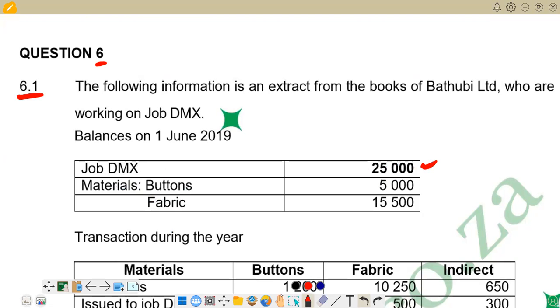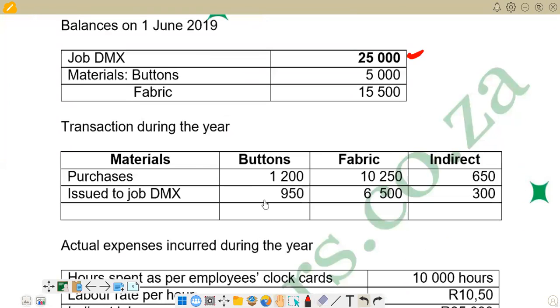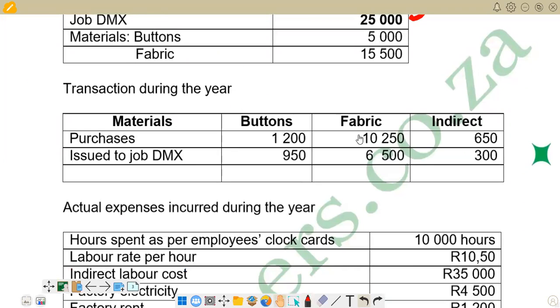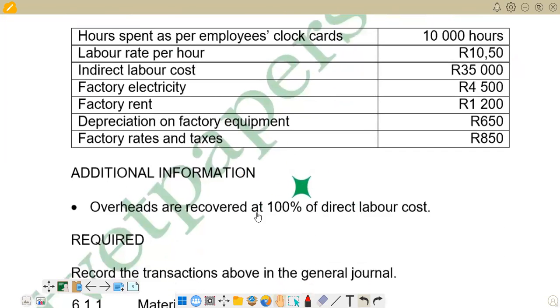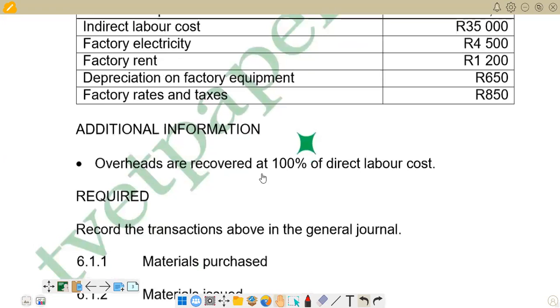Then we also have a table in terms of materials, patterns, fabric, and indirect. And then we've got the raw purchases issued to job GMX. Then we've got actual expenses incurred during the year.